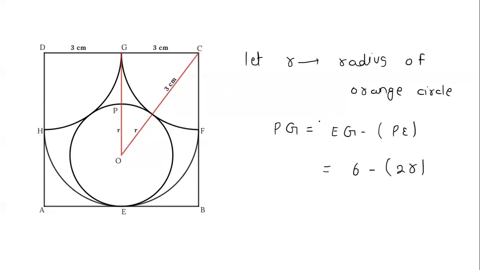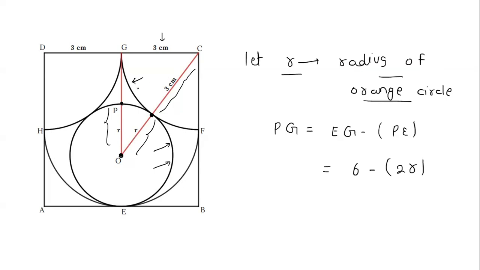Now let's proceed further. Let r be the radius of this orange circle. So this is the center of the circle and this is a point on the circle. From the center to any point on the circle, this distance is the radius, and this distance is also a radius. We know this is 3 centimeters, which is equal to the radius of this quarter circle.